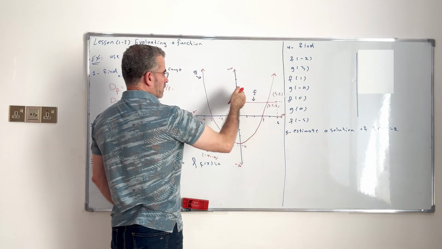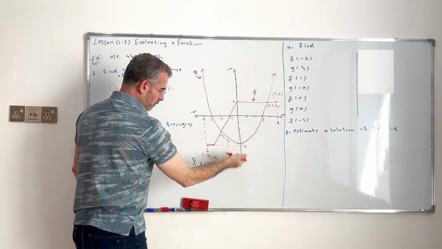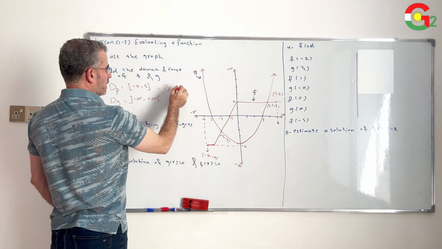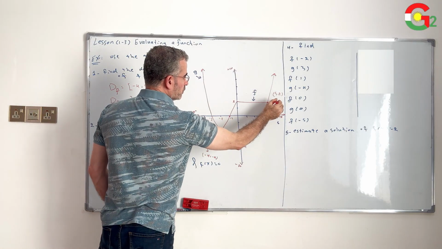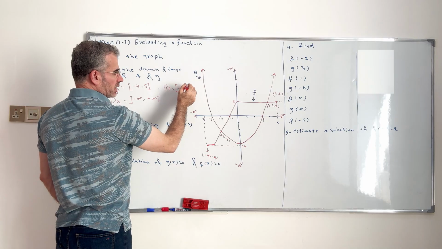There is no graph of f above 2 or below negative 4. Then the range is from negative 4 to 2, since we have a bold circle here.